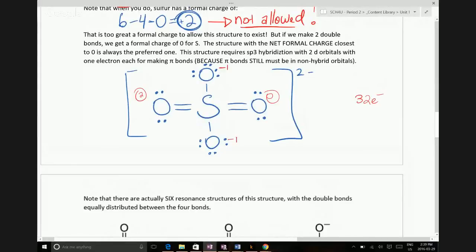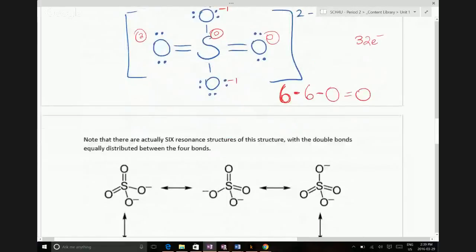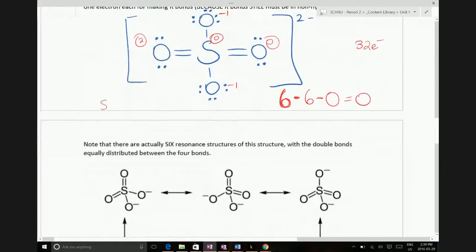But then if we look at the central sulfur, it's 6 minus, so we take its valence and we subtract 1 for each bond it's making. It's making 1, 2, 3, 4, 5, 6 bonds. And we subtract all the lone electrons around it, and there aren't any. And so we see it has a formal charge of 0. And so in this case, this structure is good.